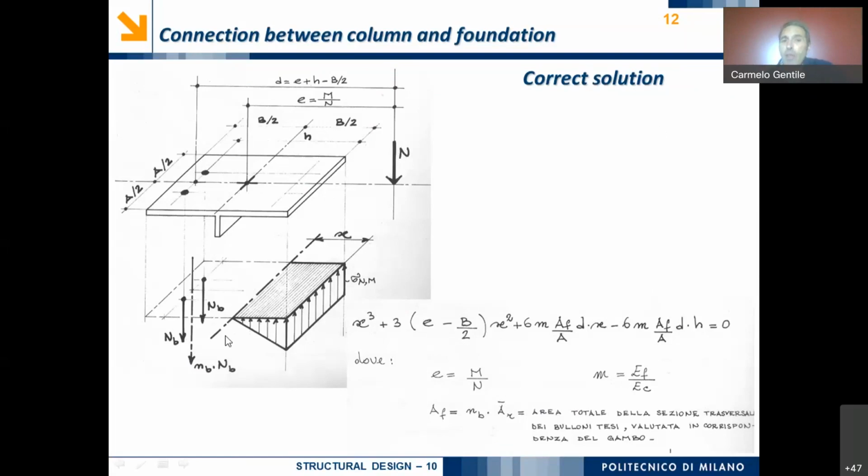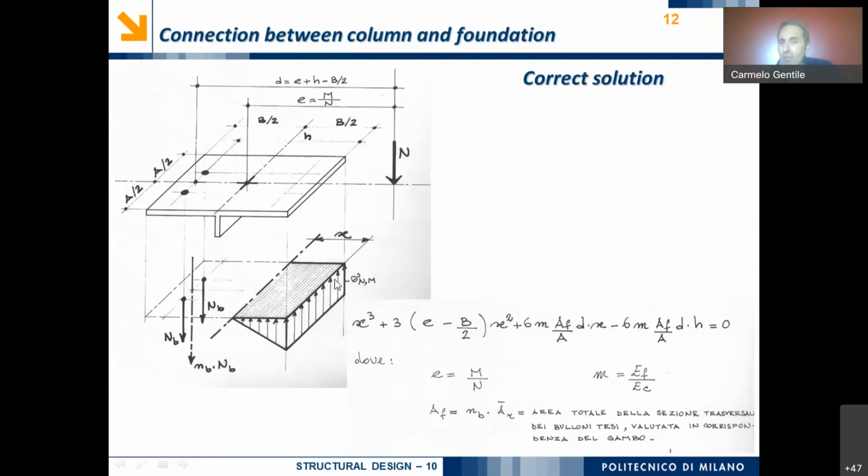And when I use this kind of property, I have to remember that there is one more unknown, and this one more unknown is the distance between this axis and the border of our plate. So we have, first of all, this dimension which is unknown.